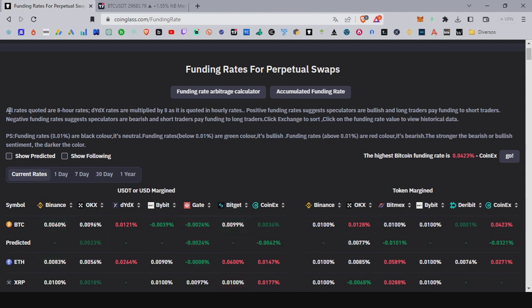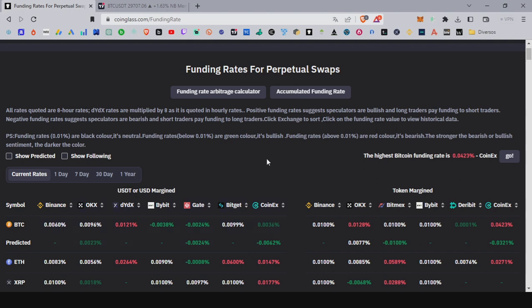Some of them are charging or paying this every hour. But in order to have a number we can analyze, CoinGlass makes a calculation so we have the same rates on an 8-hour basis. It means that if the funding rate was charged per hour, the 8-hour rate is the sum of the last 8 hours. Great, easy, right?